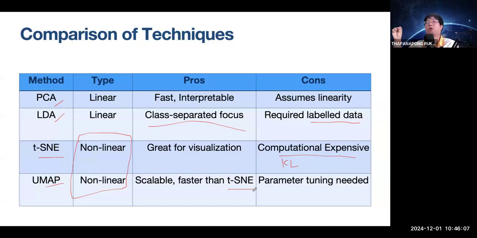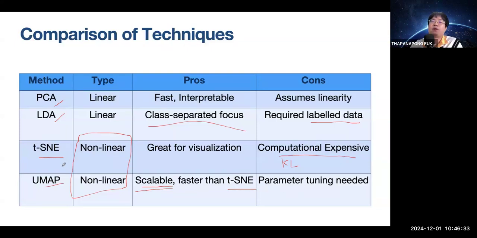You don't need to compute from this point to every point in the data set. You only care about the close ones, right? So that is why UMAP is faster. And it's scalable because the number of edges does not explode when you have more data, because you only look at the k neighbors.